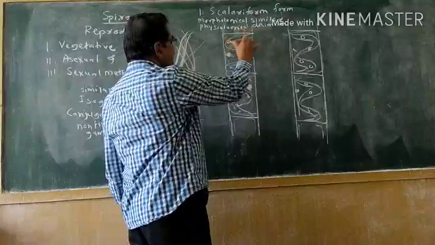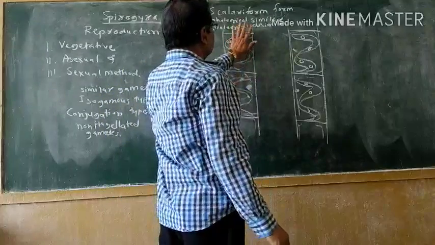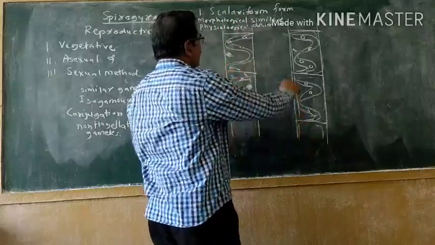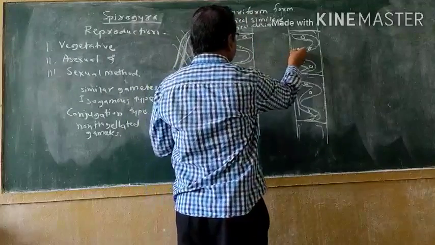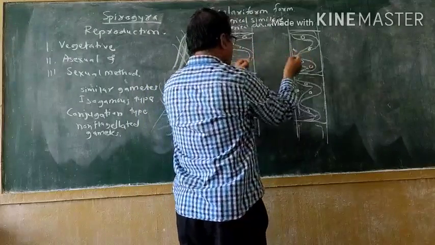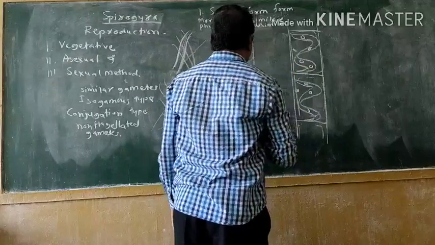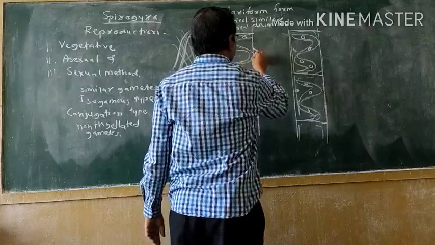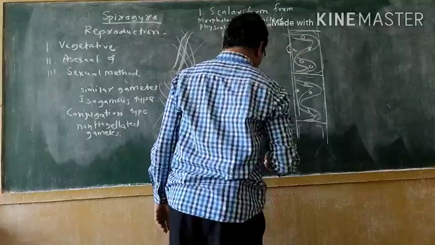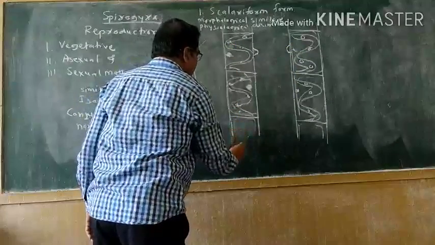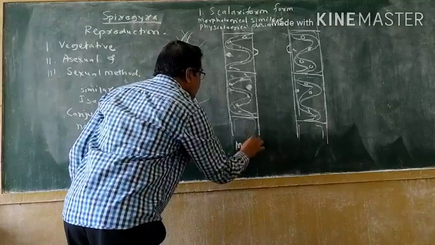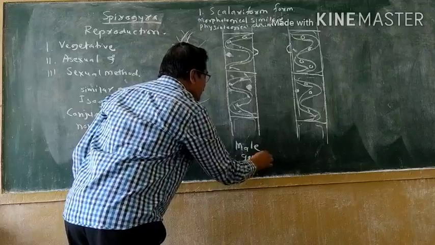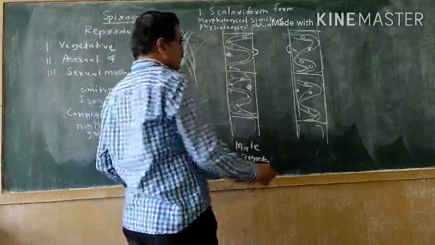While taking some changes in this conjugation reproduction, each cell which is nearest to the opposite one produces peg-like structures from both sides. Here this filament is considered the male filament, male gamete.